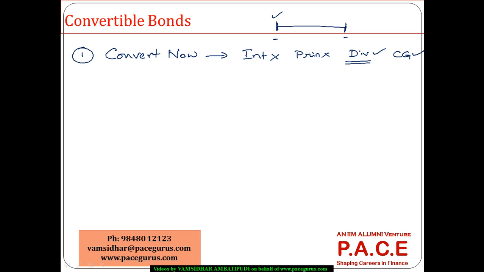But the price at which he is converting, whether he is converting here or here, it's going to be the same. The price at which he is purchasing that share, he might purchase it here or he might purchase it here. At any point, the price is going to be the same, which means the major decision point here is if the dividend after tax, right?